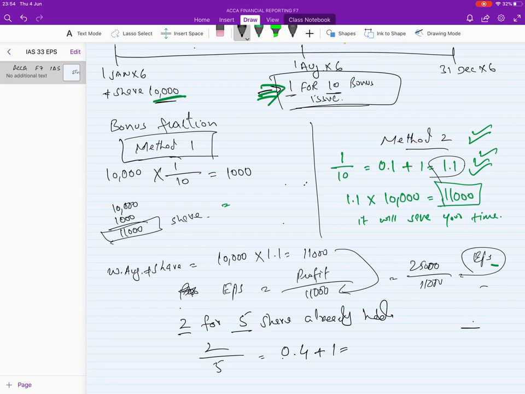It means 40%, add 1 on top of it, so 1.4. If you multiply this with the 10,000, it means how many number of shares you will issue. Let me calculate. I guess 14,000, probably 14,000.